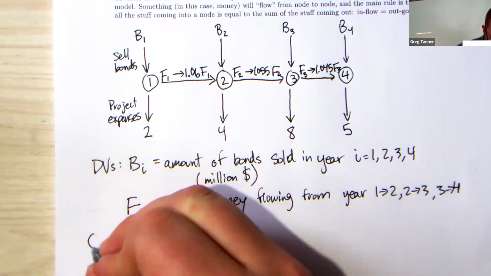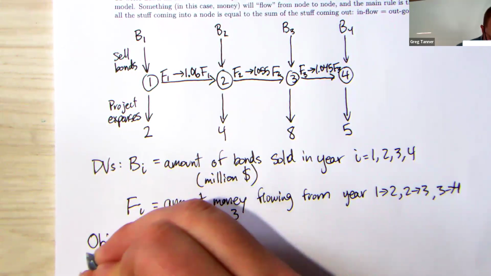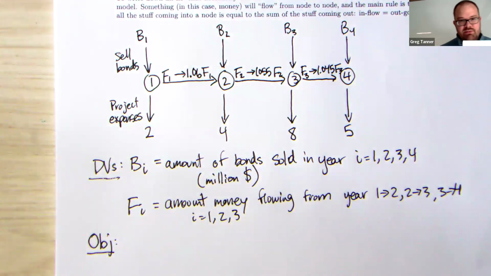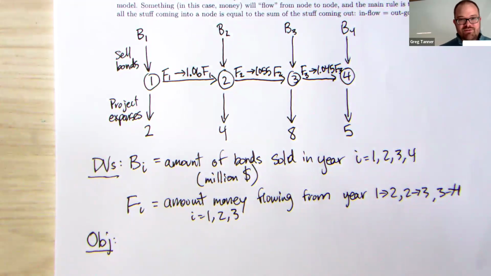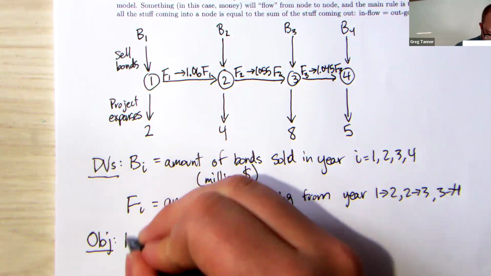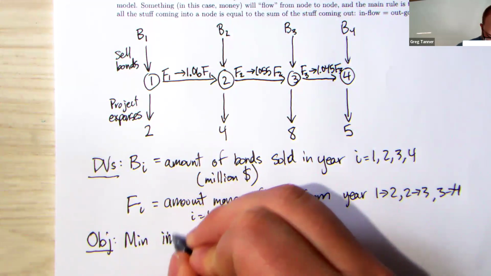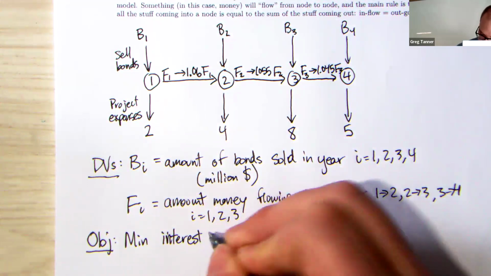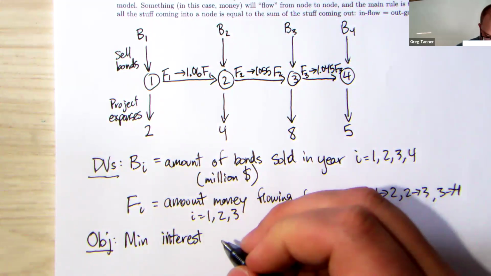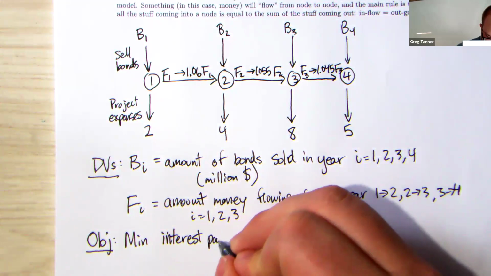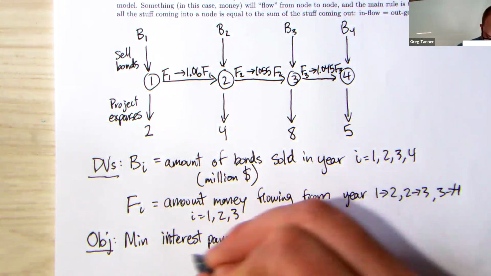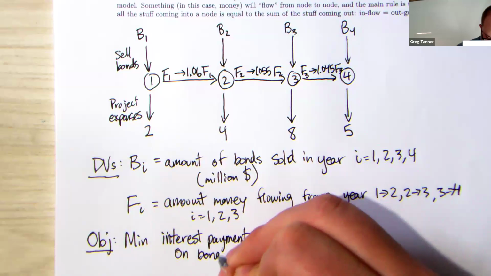What's going to be our objective? If you knew a little bit more about finance than I do, you might come up with a better objective than this, but we're going to assume that we're paying simple interest on the bonds. And so we want to minimize our interest payment that we're going to have to pay over each of the 20 years. And so minimize interest payment on the bonds.